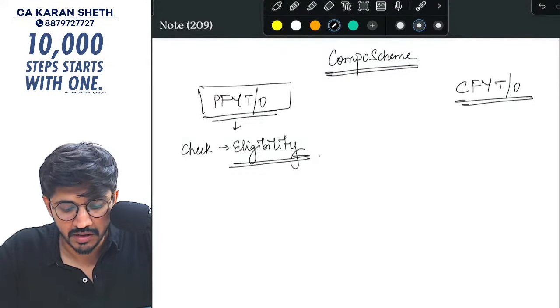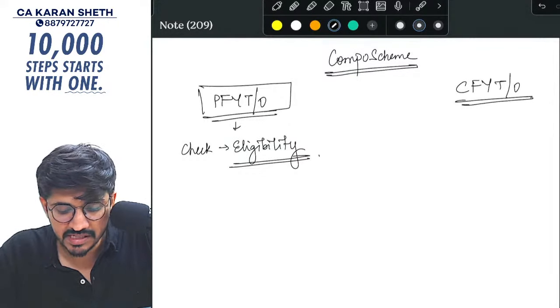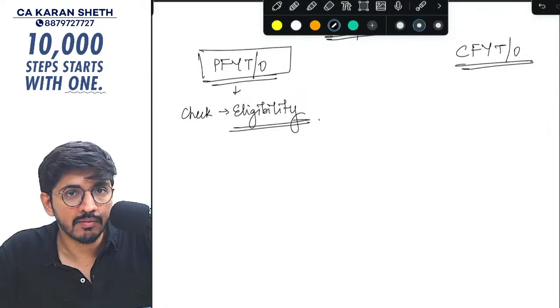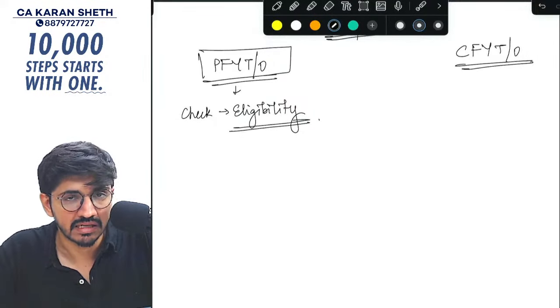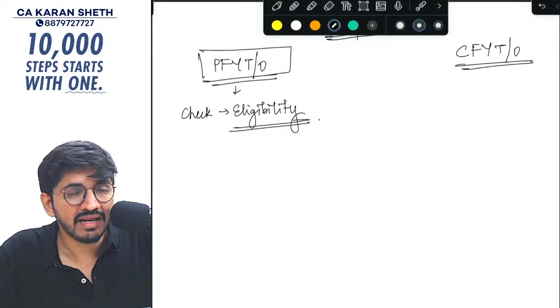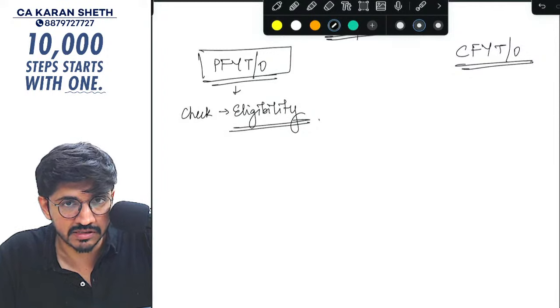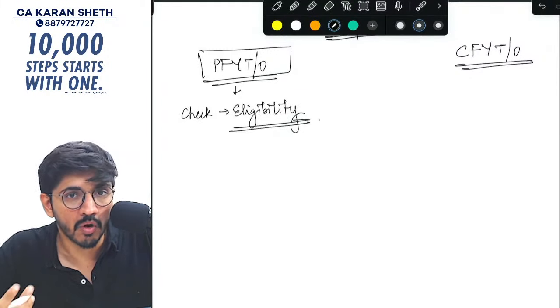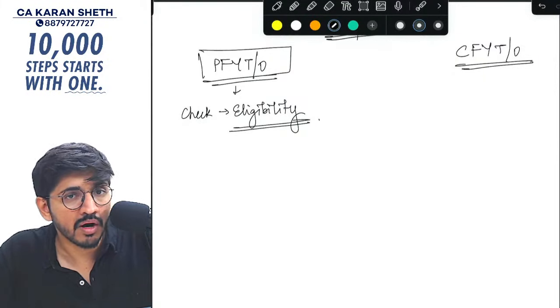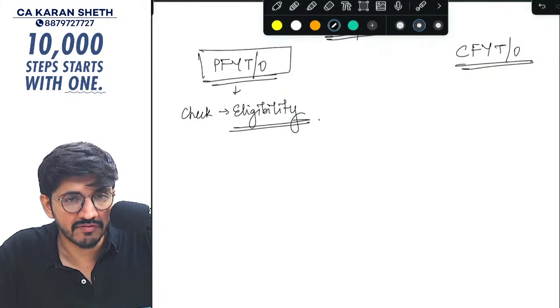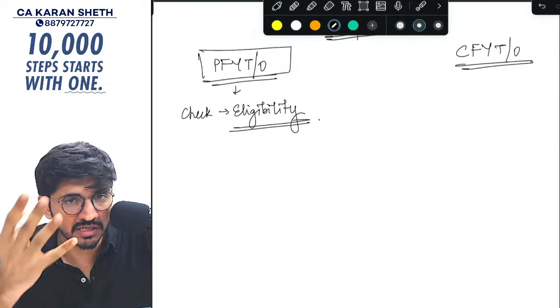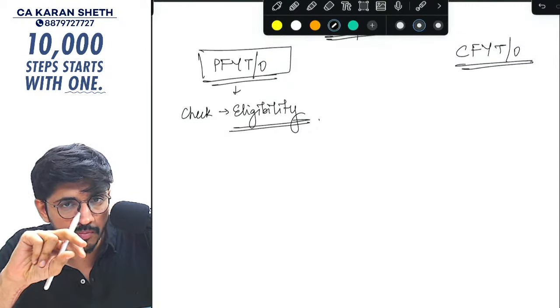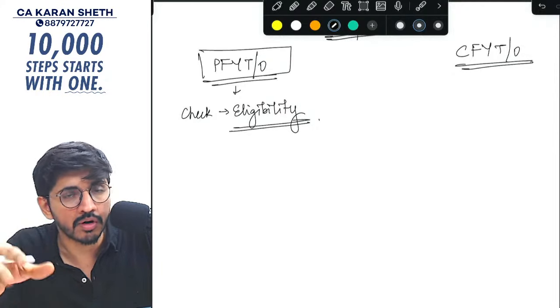Please try and understand, we are actually seeing the last year. In the last year, either your turnover is zero because you started business in the current financial year, or you are in the normal scheme. The question will generally be that he wants to switch from normal to compo, can he do that or not?